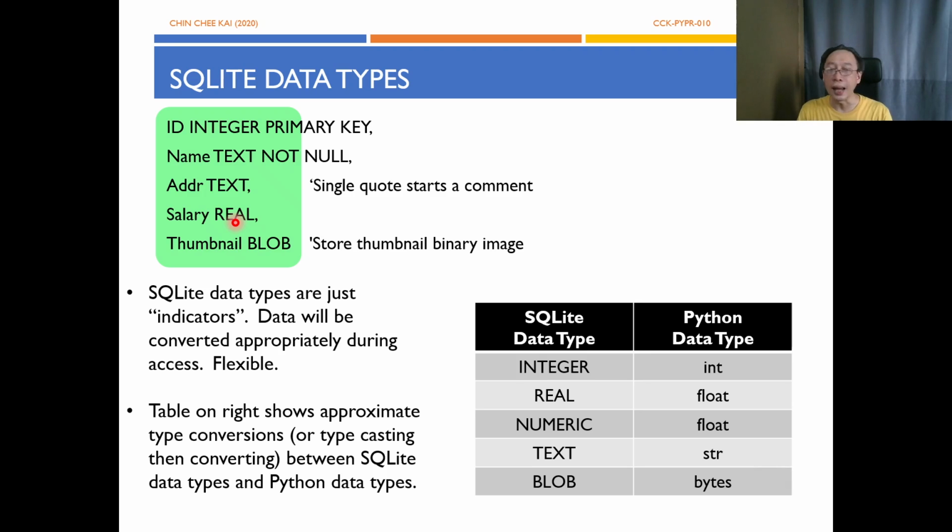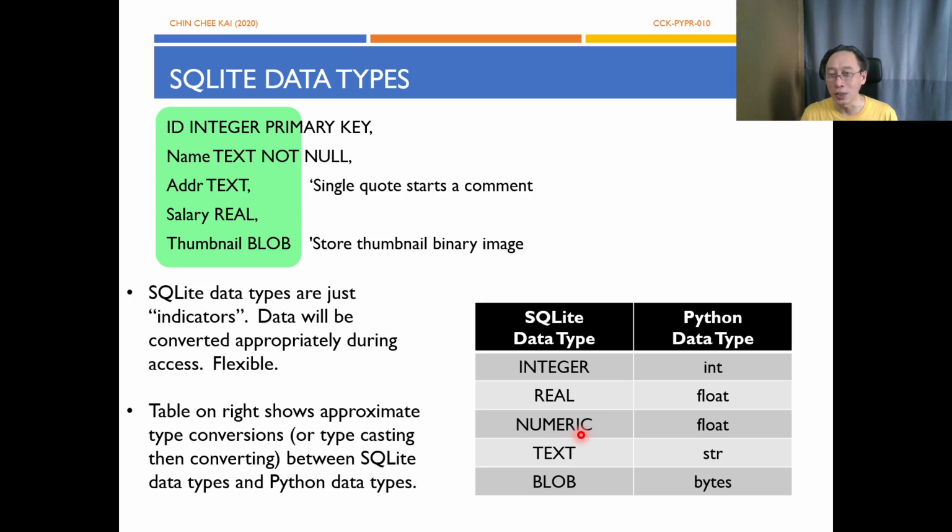So all this handling is done by SQLite. And I'm trying to say that it's not always clear what real means, whether numeric means integer or floating point, but data will be converted appropriately.